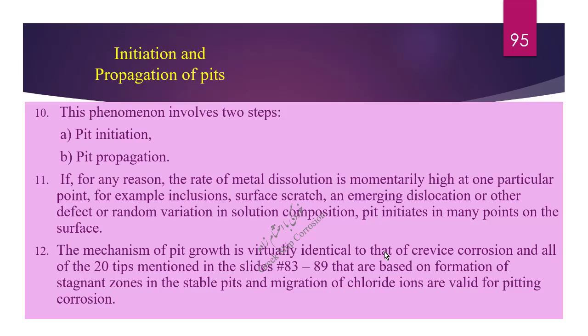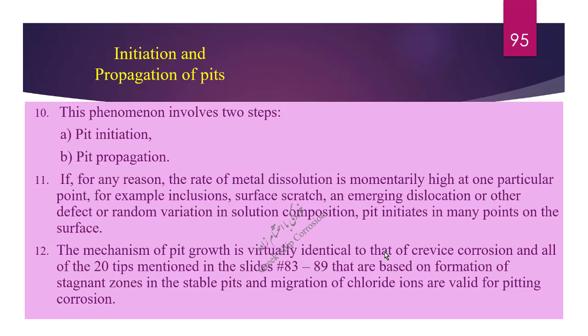11. If for any reason the rate of metal dissolution is momentarily high at one particular point, for example inclusions, surface scratch, and emerging dislocation or other defect, or random variation in solution composition, pit initiates in many points on the surface. 12.